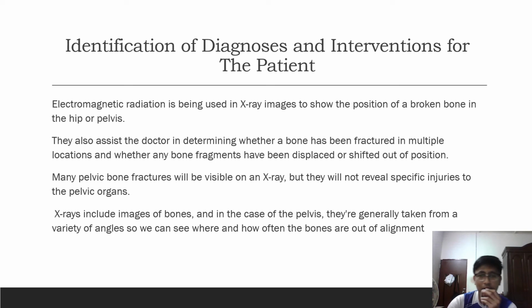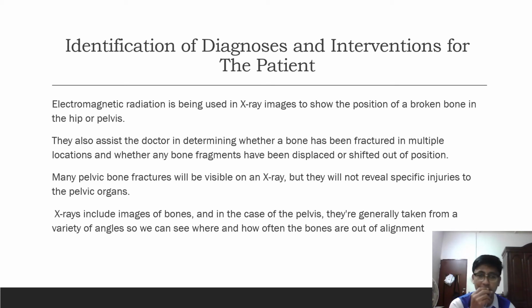Identification of diagnosis and intervention for the patient. Electromagnetic radiation is used in X-ray images to show the position of a broken bone in the hip or pelvis. They also assist the doctor in determining whether a bone has been fractured in multiple locations and whether any bone fragments have been displaced or shifted out of position.